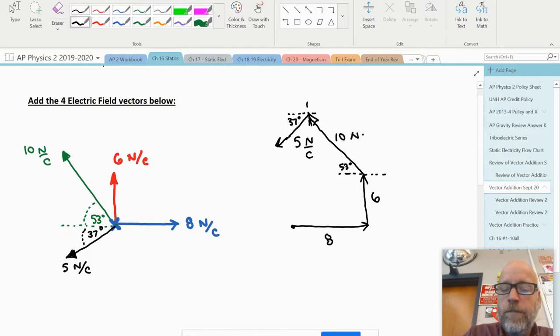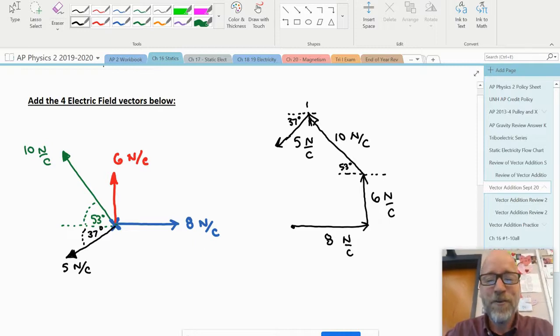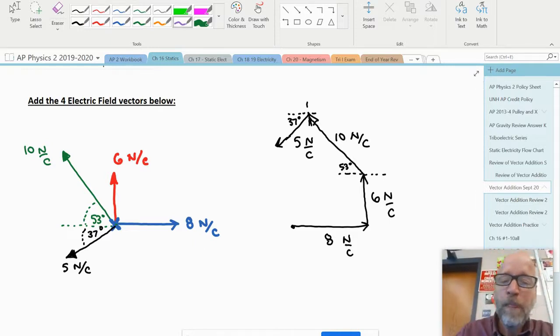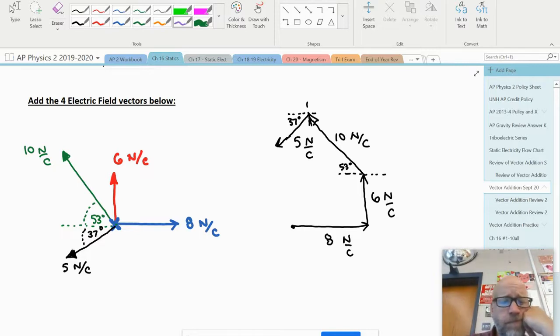Okay, how you feeling? Now, some of you are saying, did I have to add it in that order? Of course not. You asked that question because you know the answer. Good for you. If I add the numbers 10 plus 6 plus 8 plus 5, what do you get? Oh, shoot, I should have figured that out ahead of time. 29.